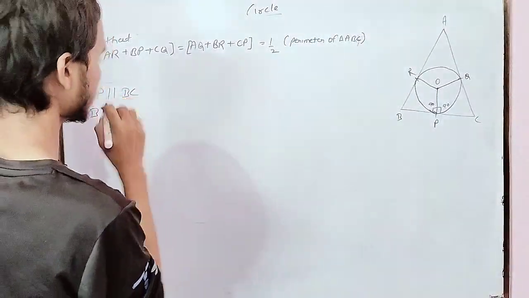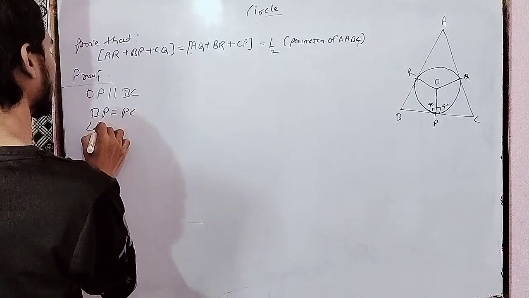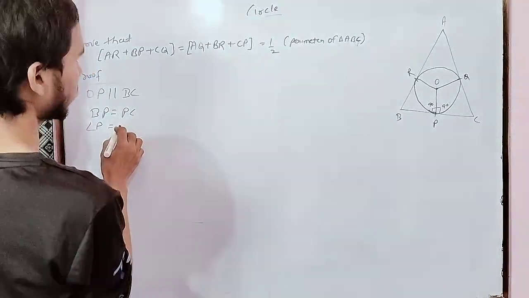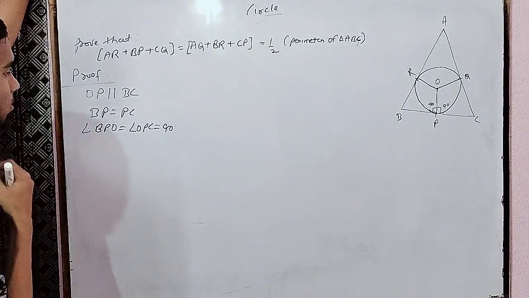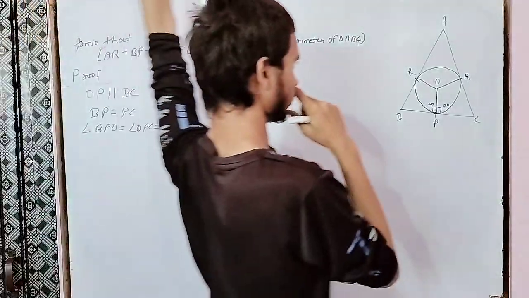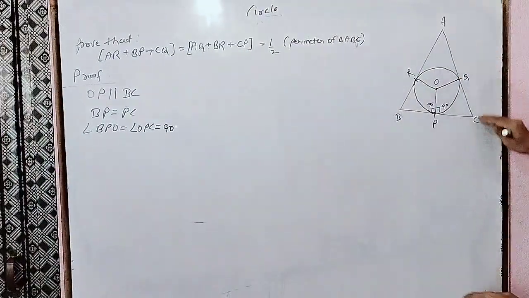So here angle BPO is equal to angle OPC is equal to 90 degrees. Now what else? Next, AC.